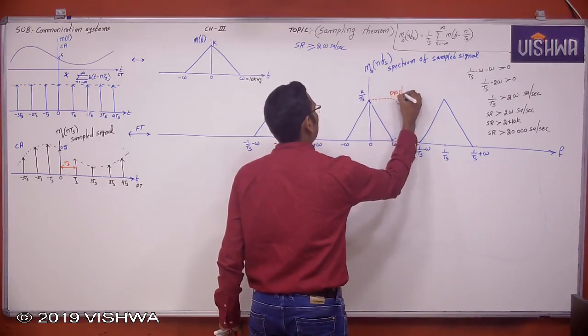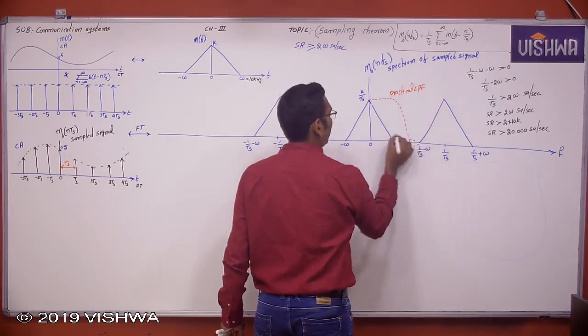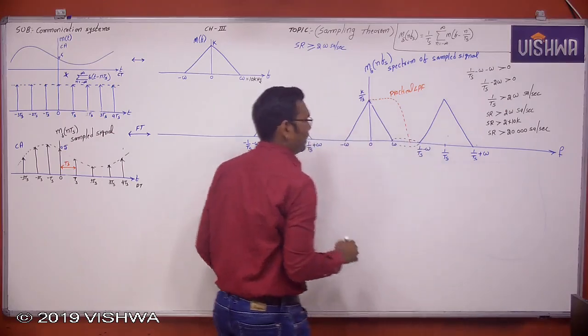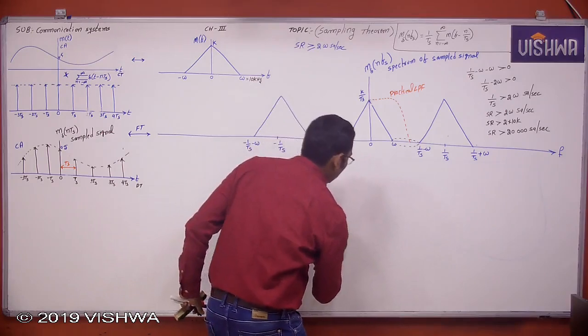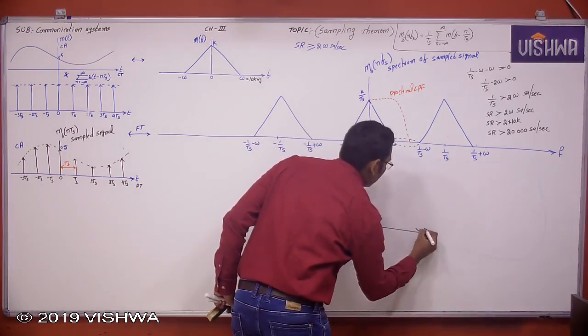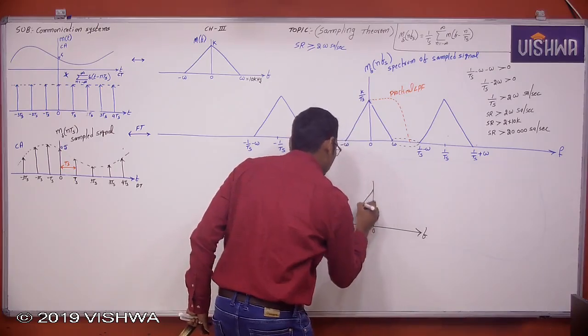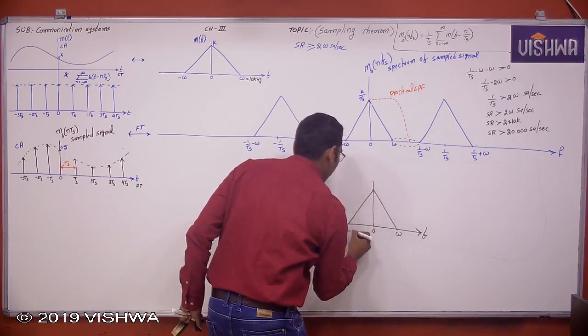The practical low pass filter is useful because it can enter into the transition band, into the spectral gap, so you can get back your original message signal in the frequency domain from the sampled signal.